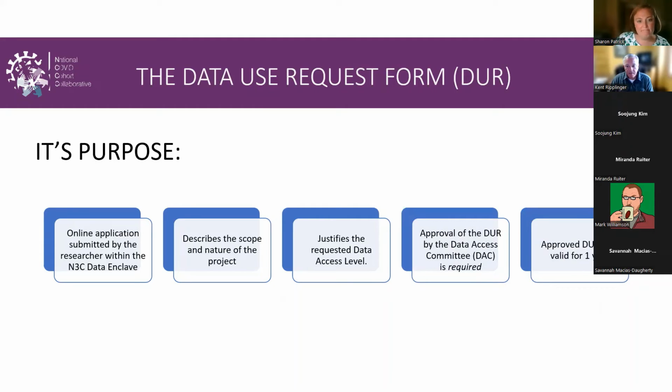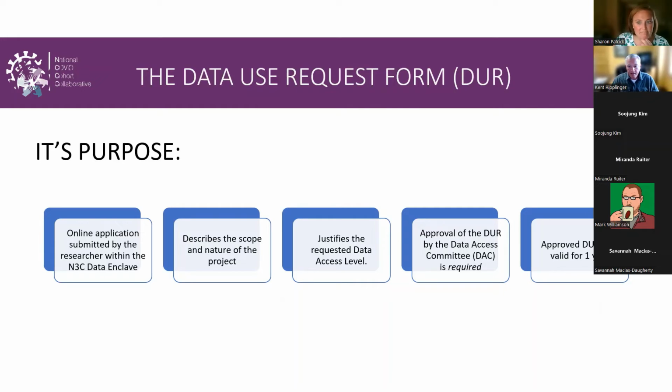Some helpful hints with DURs: the lead investigator can add their collaborators when they submit the DUR, which makes it a quicker process for your entire team if you had a team that wanted to join a project. It does take a few days to get approval, but this is because of the security level. An actual individual, or a group of individuals, is looking at the request to approve it.